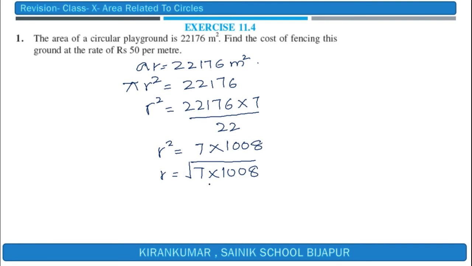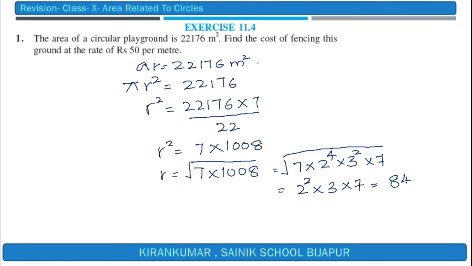For that I will use prime factorization, and I'll express this as 2 multiplied 4 times into 3 multiplied 2 times into 7. So the under root comes out as 2 square multiplied by 3 multiplied by 7. This will be equal to 84 meter.